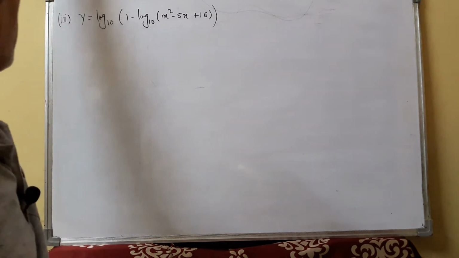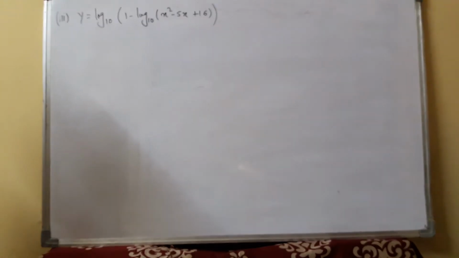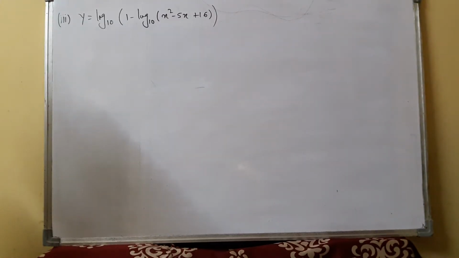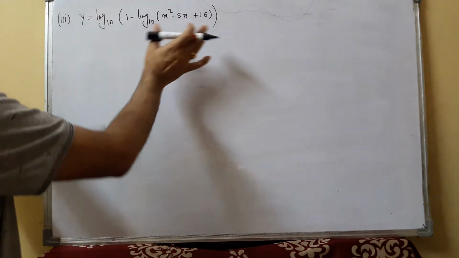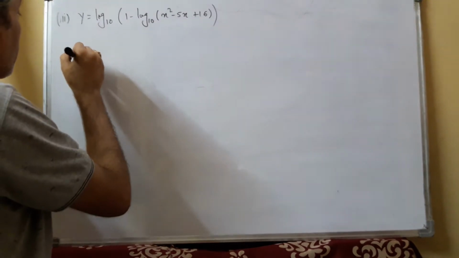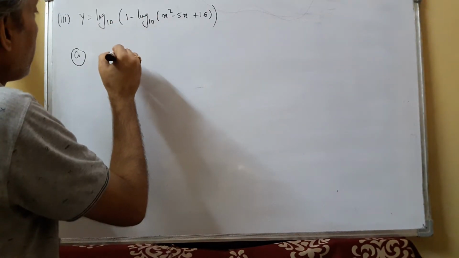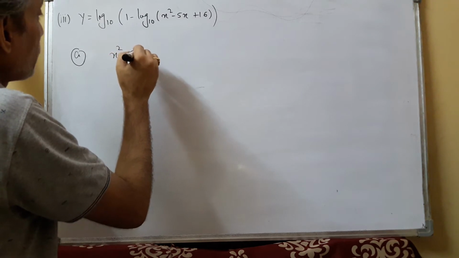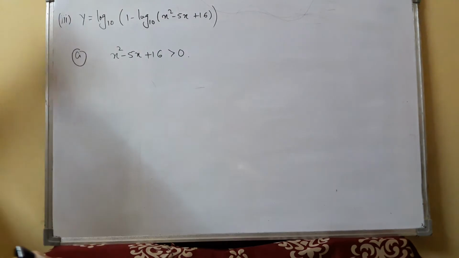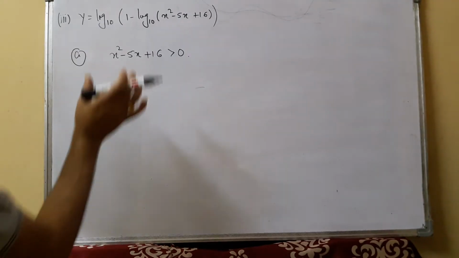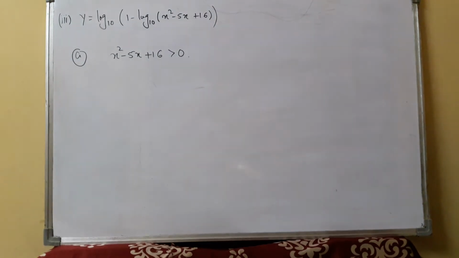Now I am going to solve this third question. So how to find out the domain for this function? Firstly, for this log to be defined, x square minus 5x plus 16 should be more than 0. And you can very well see this quadratic expression will always be positive.